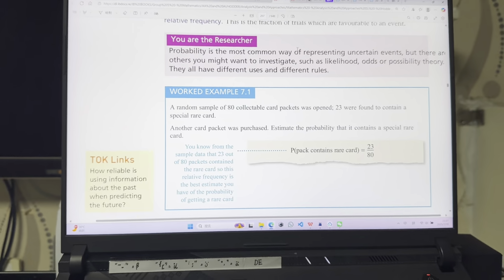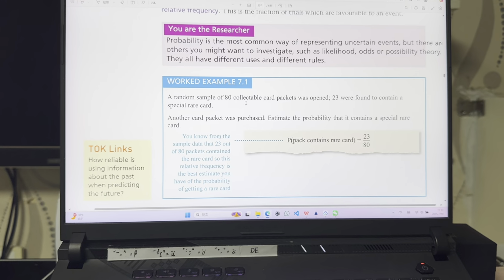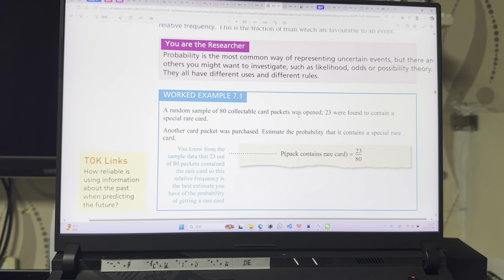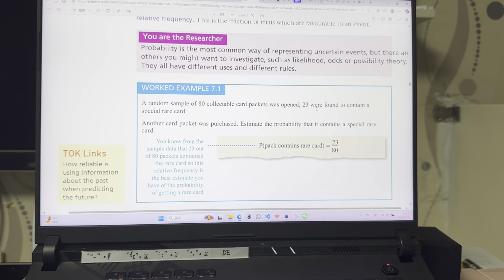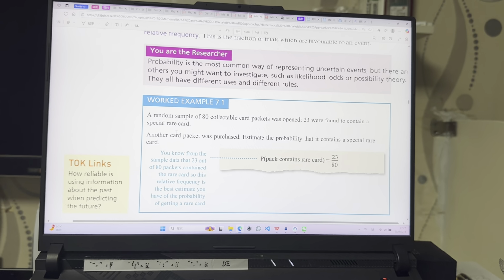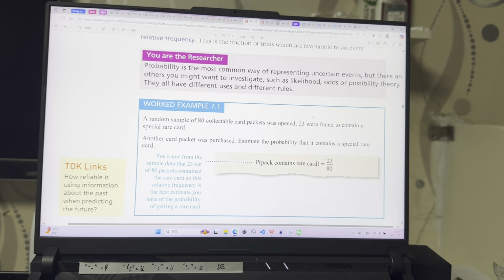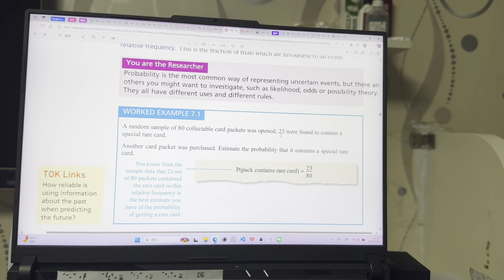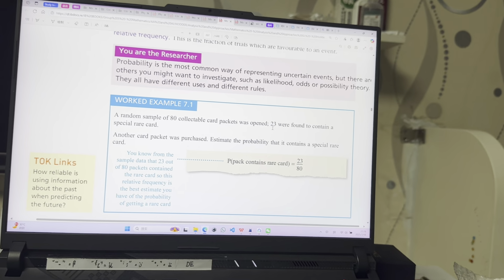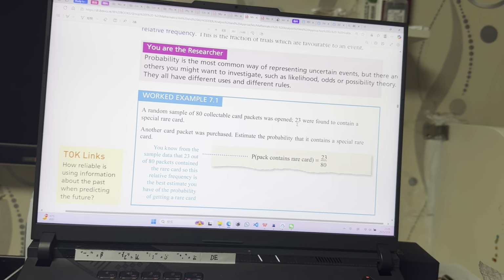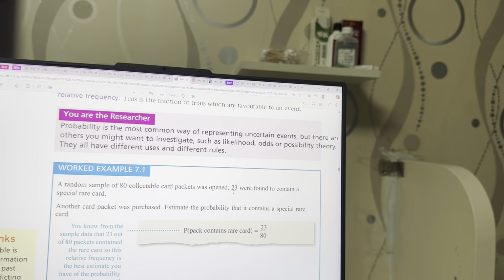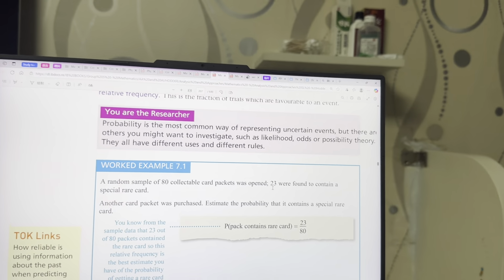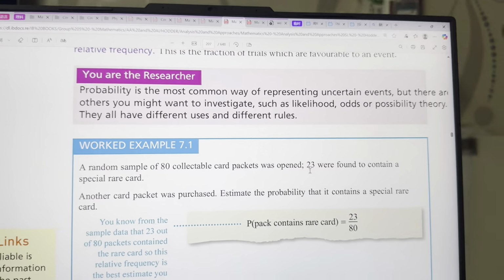Here we have 80 collectible card packets, and 23 were found to contain a special rare card. So we have 80 possible outcomes, and only 23 outcomes we need, and everything is equally likely.